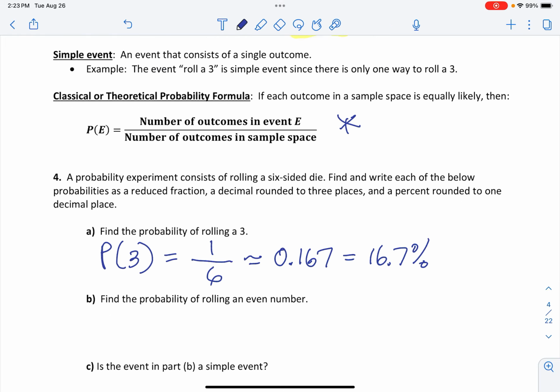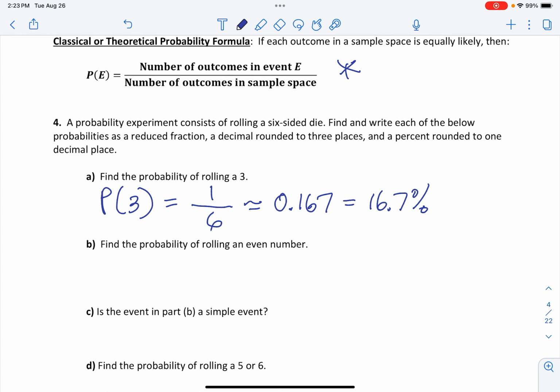What's the probability of rolling an even number? So we can say probability of even. Whatever's inside the parentheses is just descriptive of the event. The bottom number we know is 6 again, because that's the total number of possible outcomes in the sample space. And how many ways are there to roll an even number? Well, you can get a 2, a 4, or a 6.